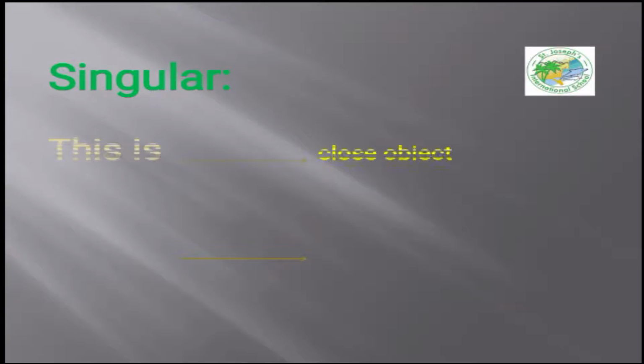First, we're gonna start with the singular nouns. We use 2 words to point at something singular: this and that. We use the word this to point at something which is close to us, near us. But what about that, with the A?